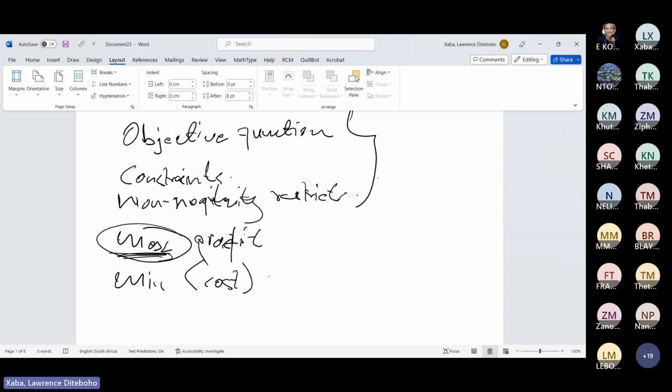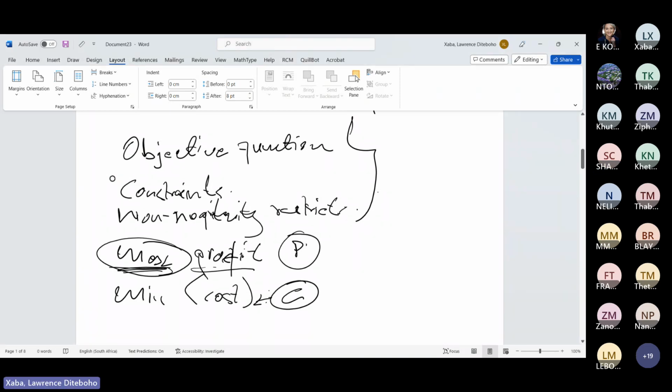Most problems will denote profit as P, and others use C, which refers to cost. So we have our mathematical standard form, and we start with the case of maximum. When you talk about maximum, we say max Z equals C1.